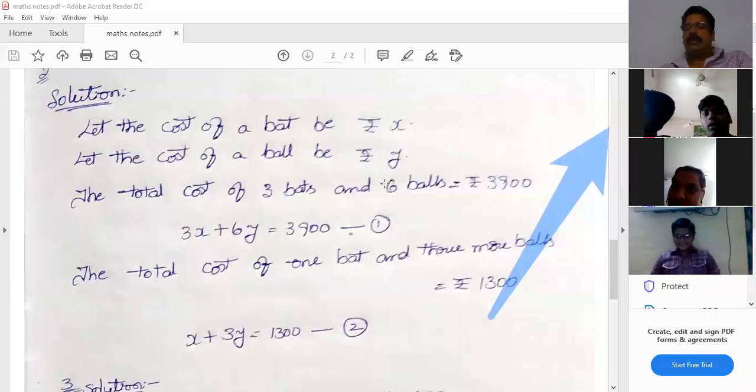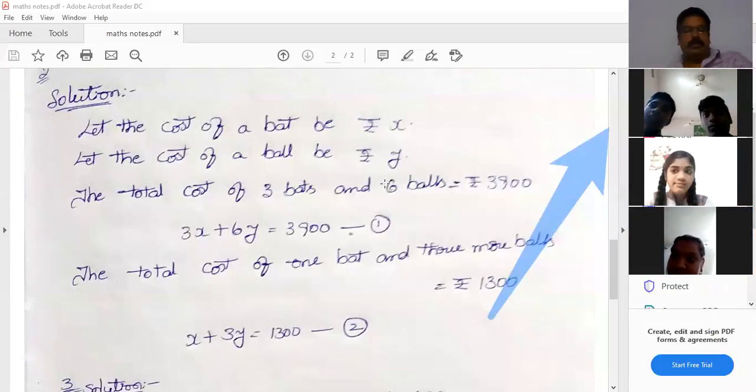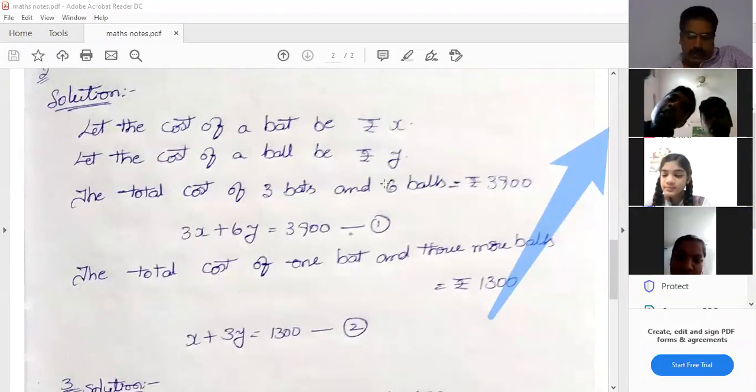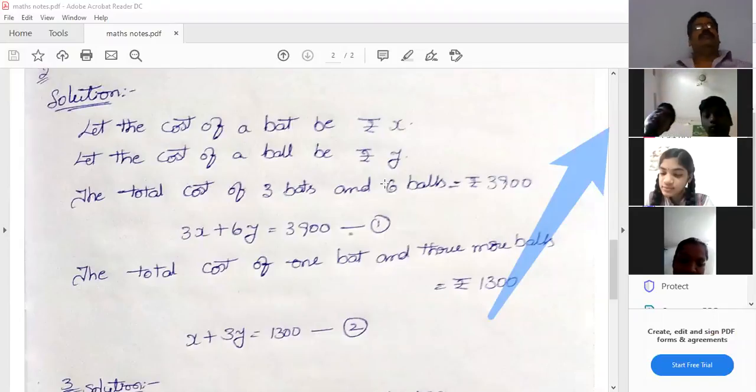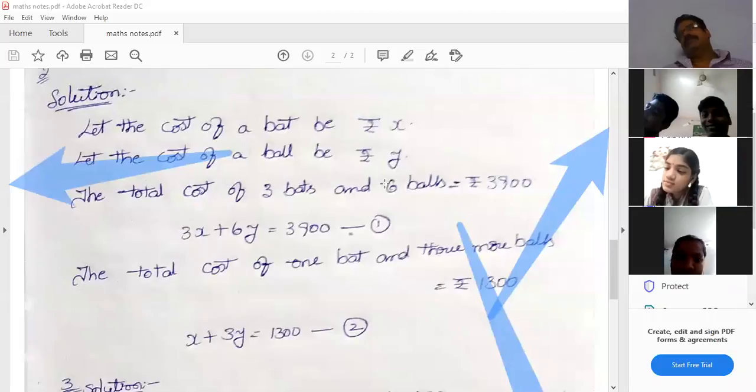Don't write in a rough work type. Neatly copy. Completed, sir. Hey, Manoj. Completed, sir. Okay. Write down. Fastly. 30 minutes time only.